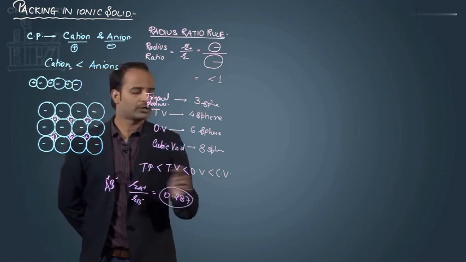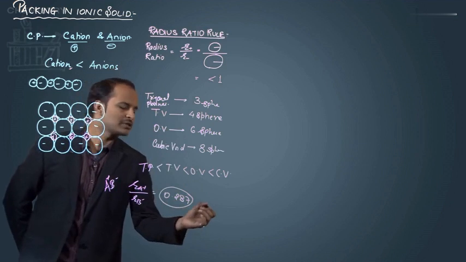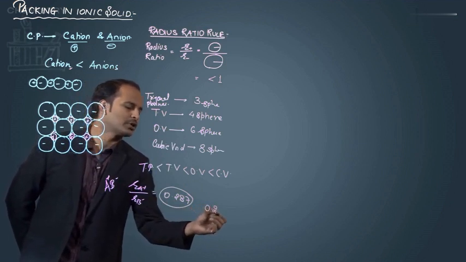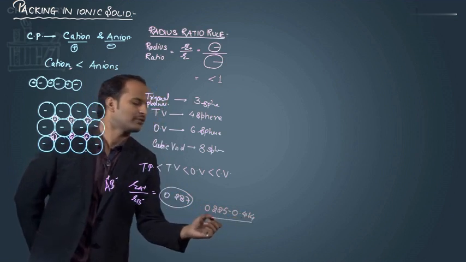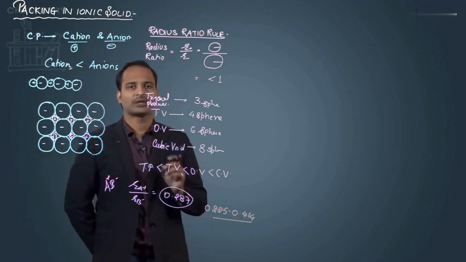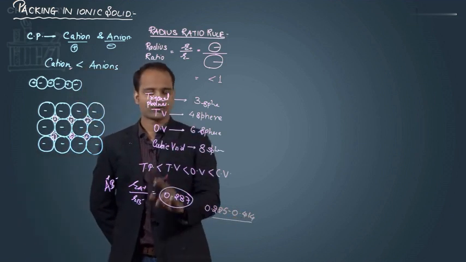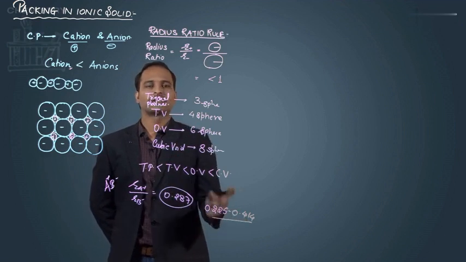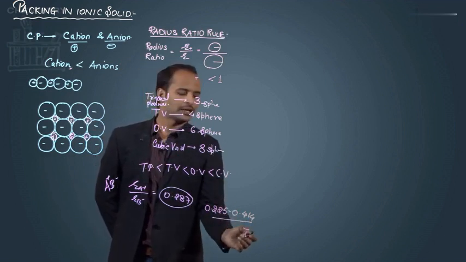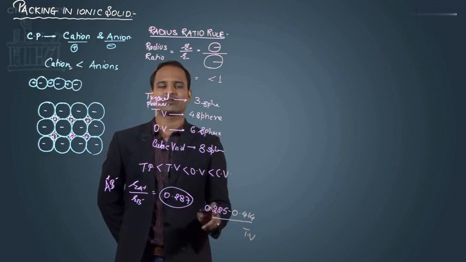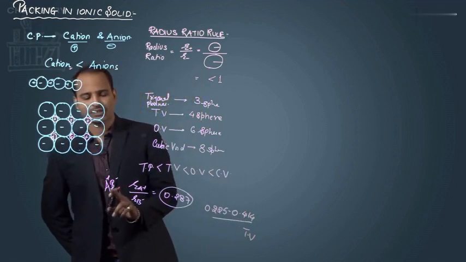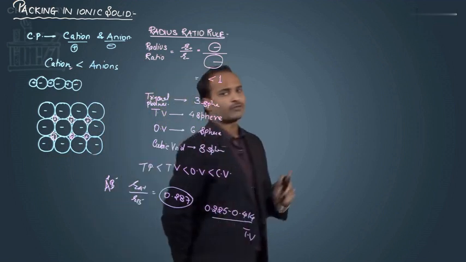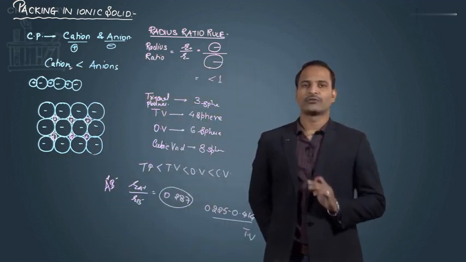Why tetrahedral void? Because this value falls into the range of 0.225 to 0.414, and this range is assigned for the tetrahedral void. If the radius ratio value falls in this range, the cation will occupy the tetrahedral void. So here 0.287 falls in the same range, and that's why in solid AB, the cation A will occupy the tetrahedral void.